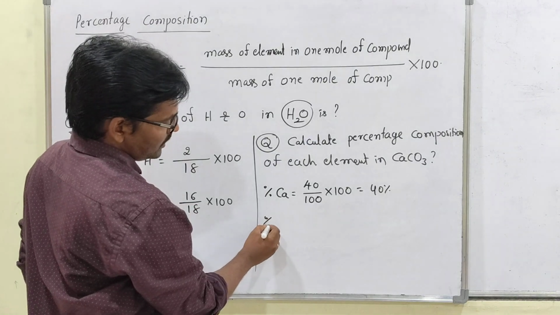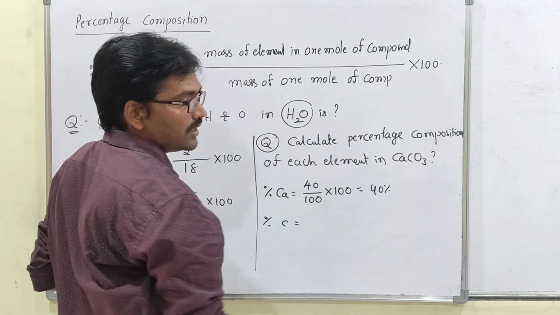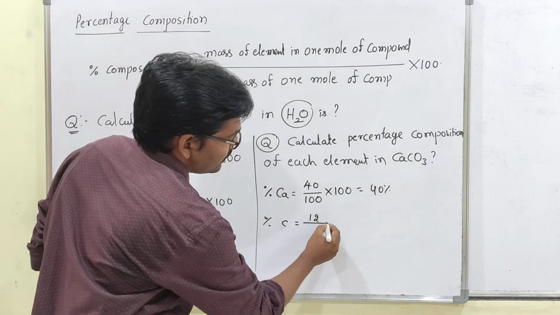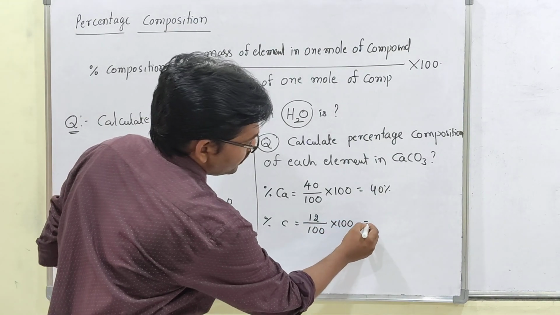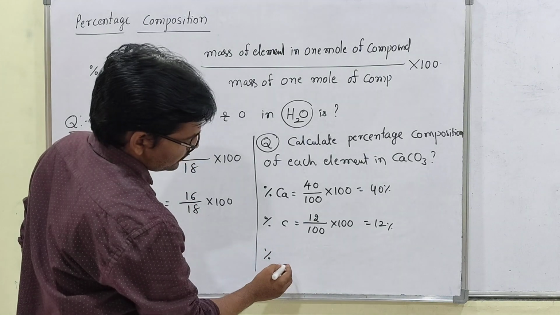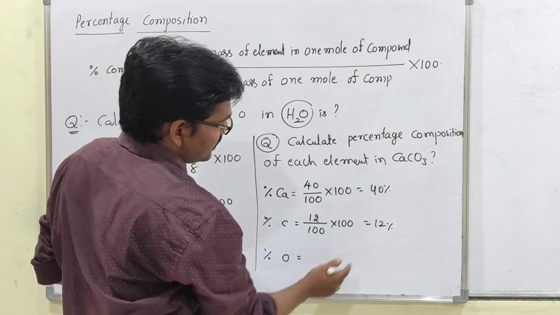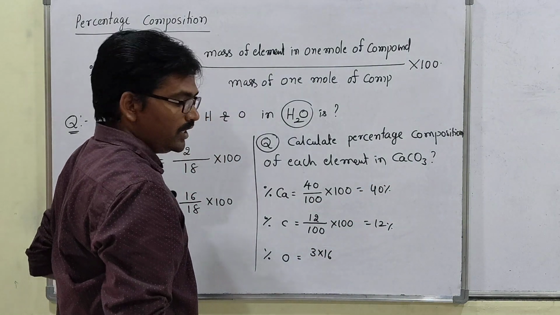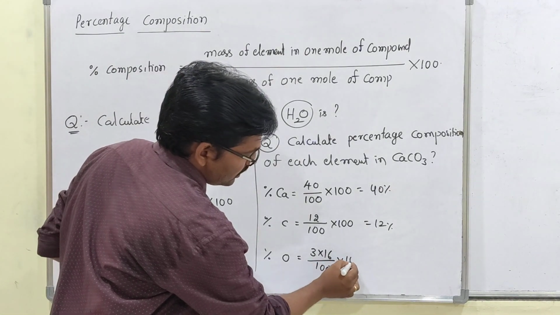Same like this, if you take the carbon percentage, how many carbons are there? Only 1 carbon is there. So the mass of carbon is 12, the mass of the compound is 100, so into 100, you get 12%. Then same like that, oxygen is there. For the oxygen percentage, how many oxygens are there? 3 are there. 3 into 16, divided by 100, into 100.